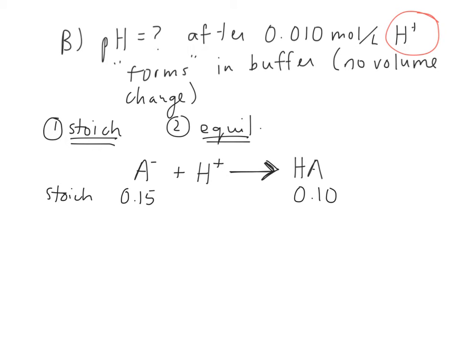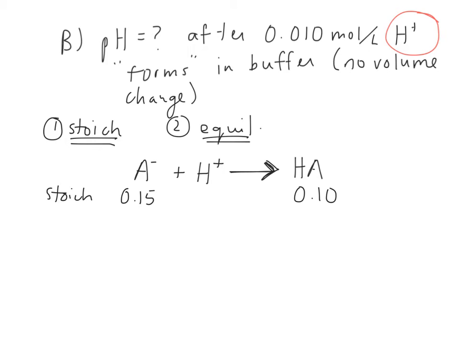The textbook doesn't do the greatest job of explaining this. What I'm using for my stoic are really my initial concentrations, but because X was small enough for me to disregard, that's good enough. So don't worry about calculating and plugging into your stoic equilibrium concentrations. We're going with initial, but again, it's because of the small x situation, okay?